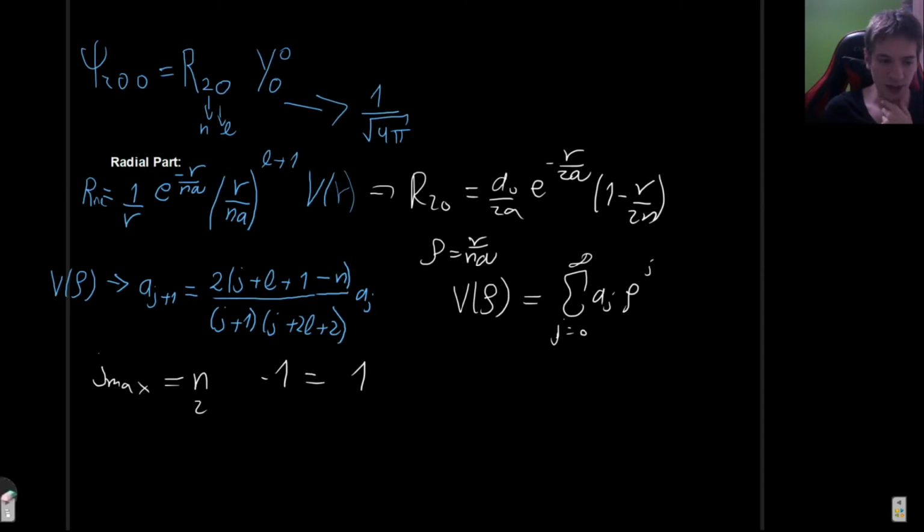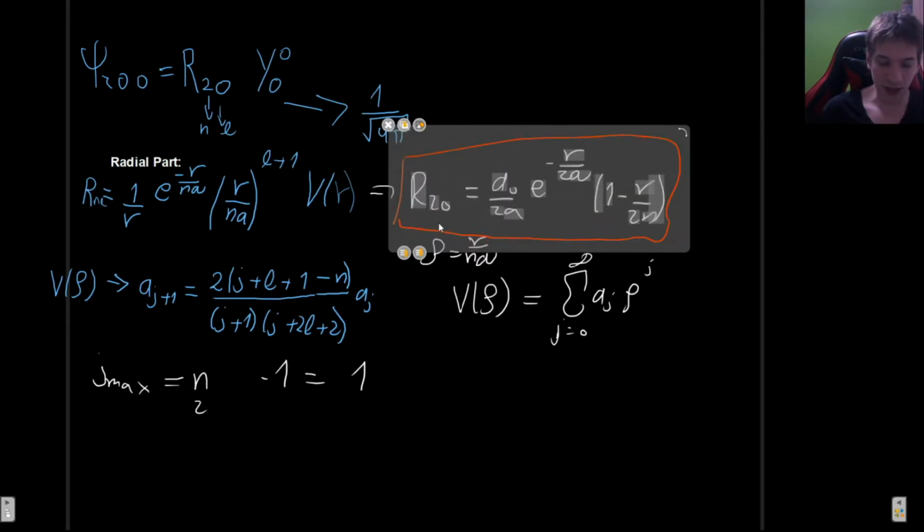Okay, so this right here is the radial solution for this case. Now this is not normalized, so we need to normalize it just as we did in the previous video. So let me take it, go to the next page, and we can begin with the process of normalizing it.